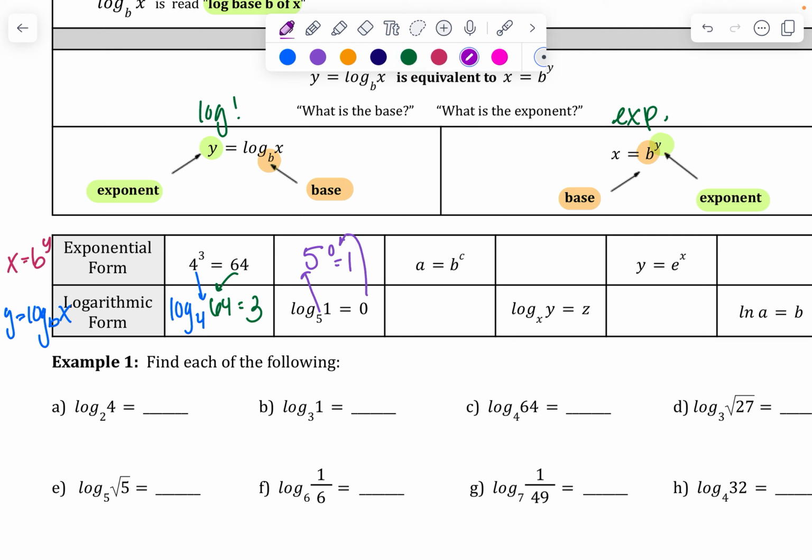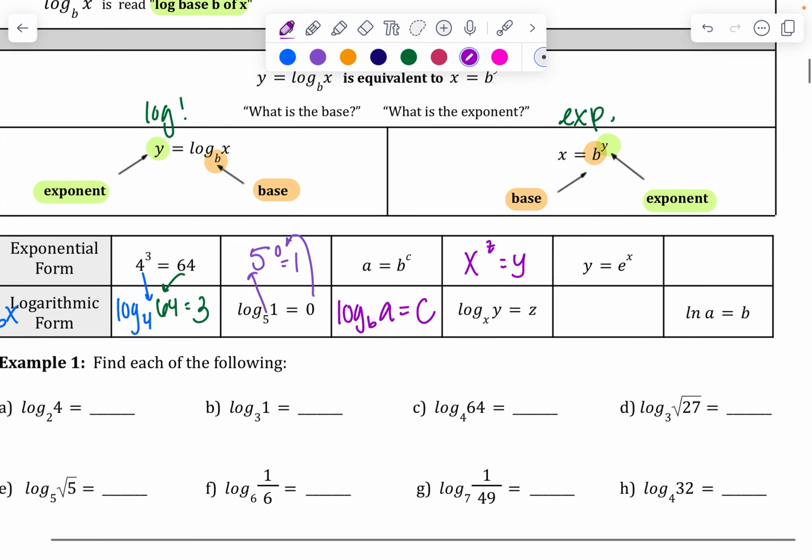Then we're going to go back into practice of writing these from log to exponential. The third example, a is equal to b to the c power. This becomes log base b of a is equal to c. Log base x of y is equal to z. This becomes x to the z power is equal to y.